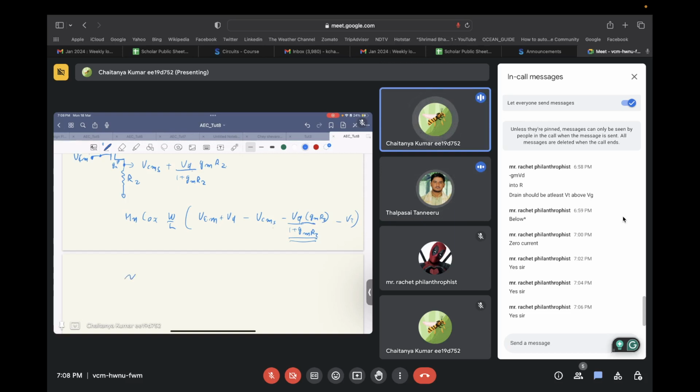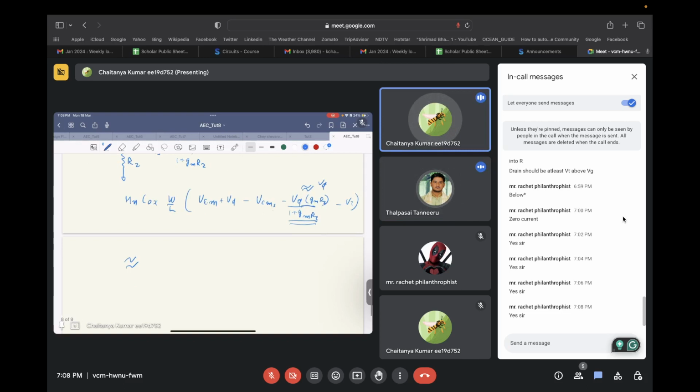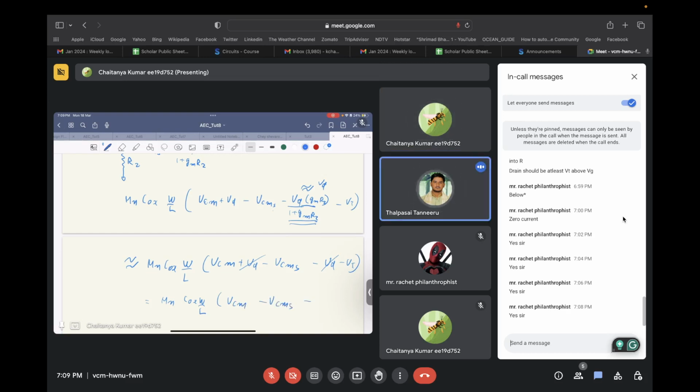So this GM is mu n Cox W by L times VCM plus VD minus VCMS minus VD minus VT. VD and VD can be cancelled, so this is mu n Cox W by L times VCM minus VCMS minus VT.